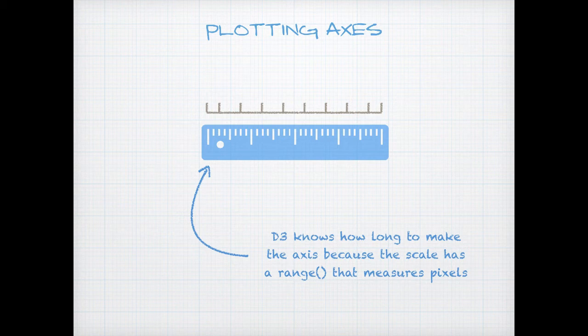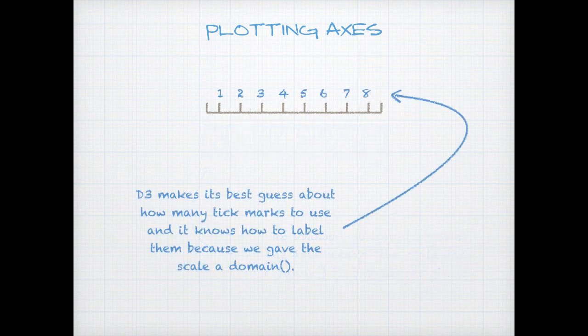If you remember from the last video, the range is a number of pixels in the SVG grid. So all D3 needs to do is look at the range, and it knows exactly how long to make that axis. Same for the tick marks.